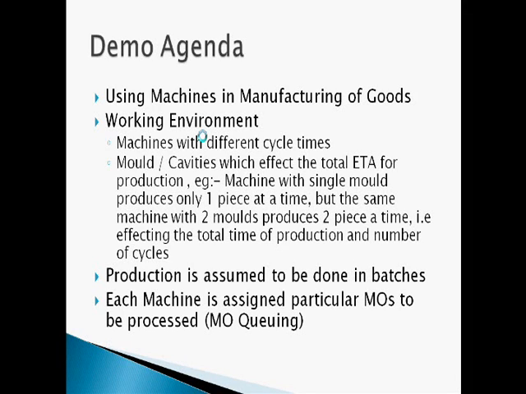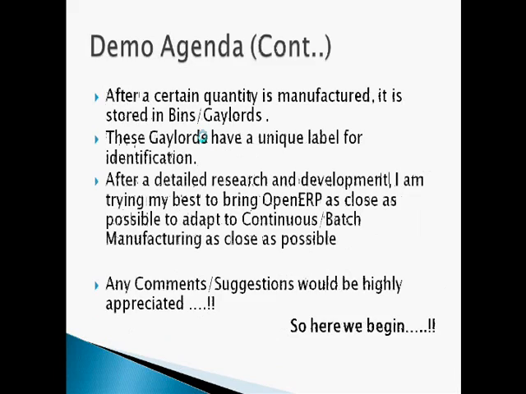The production is assumed to be done in batches. Each machine is assigned a particular manufacturing order to be processed. So every machine has certain manufacturing orders lined up, so manufacturing order queuing. Then after a certain quantity is manufactured, it is stored in bins or gaylords.